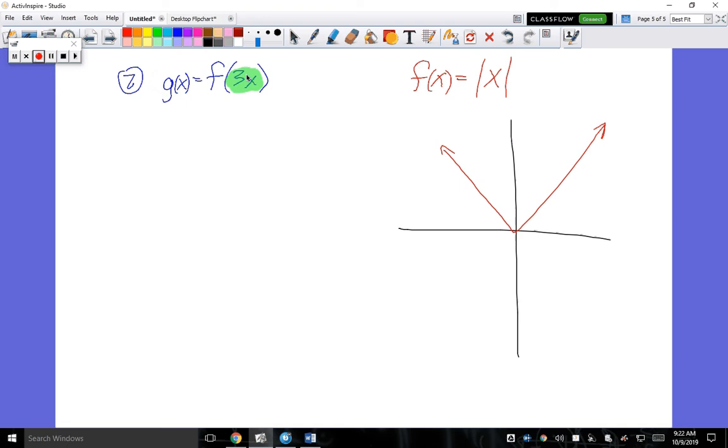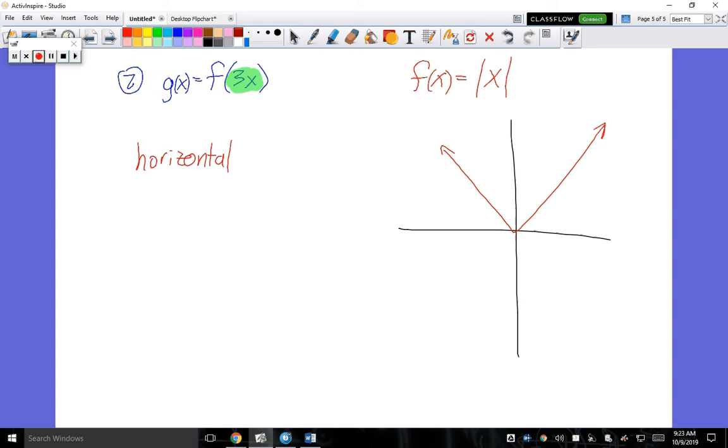Horizontal or vertical? Horizontal, because it's with the x. I'm multiplying by 3. So what kind of transformation could it be? Because it's multiplication, it could be a compression or a stretch. Okay? So at first glance, what does it look like?